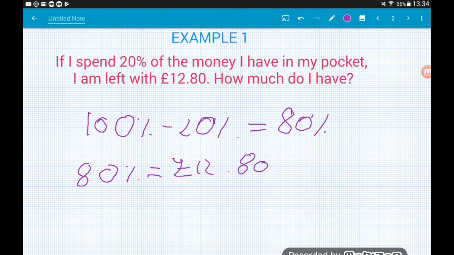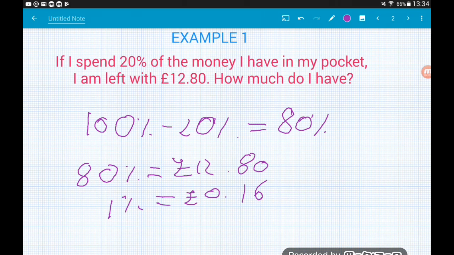So what we want to do, now that we know that we've got 80% of the original amount, is find 1%. To find 1%, we simply divide both sides by 80. If we divide both sides by 80, I get 1% on the left, and on the right, £12.80 divided by 80 leaves me with 0.16, so 16p.